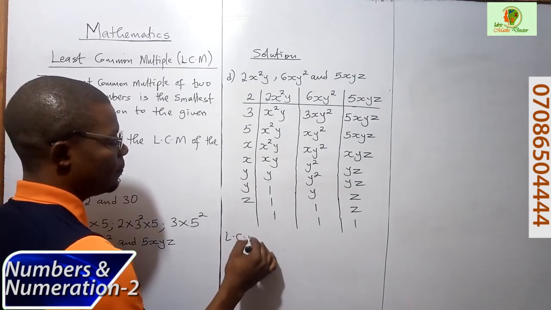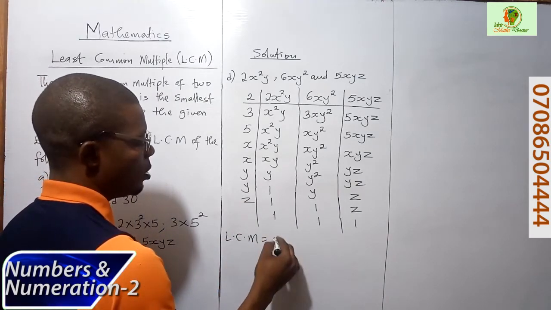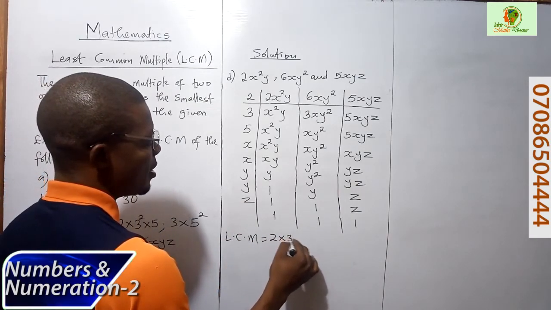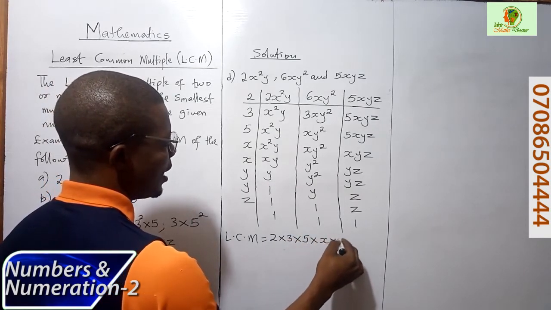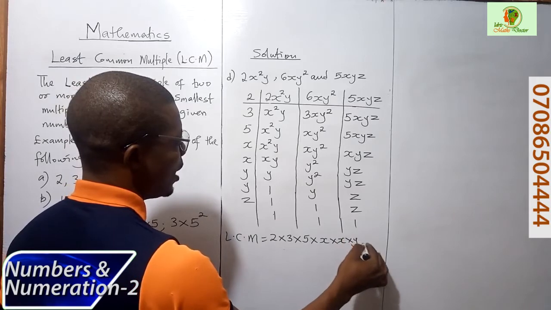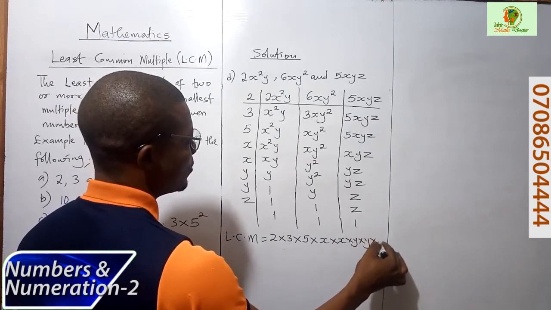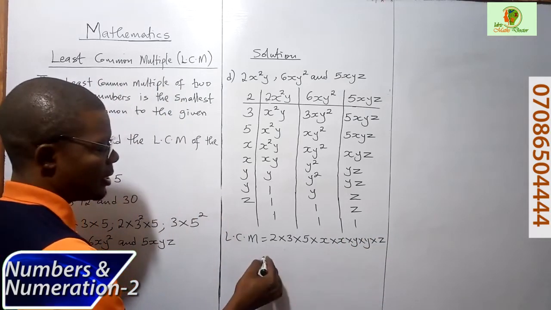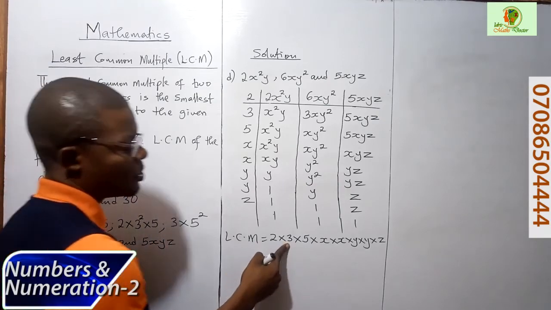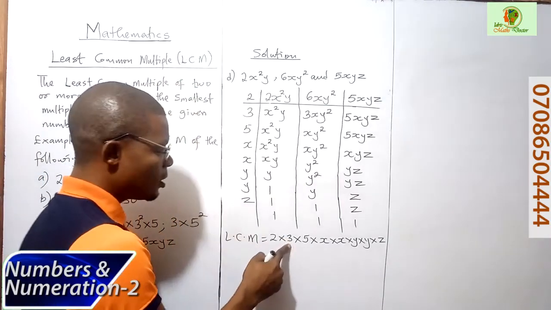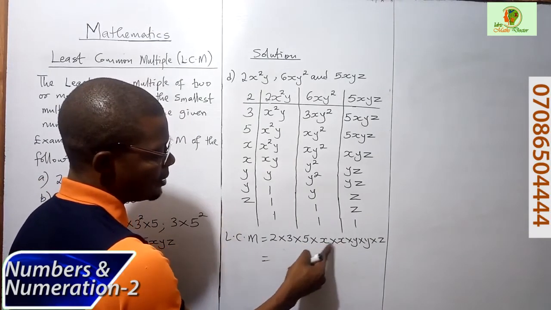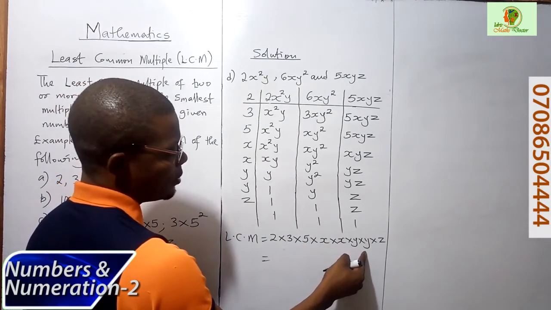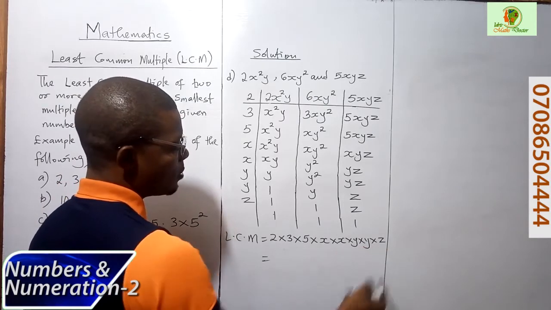So the LCM equals 2 times 3 times 5 times x times x times y times y times z. And the answer is 2 times 3 is 6, 6 times 5, 30, x times x, x squared, y times y, y squared, and multiplied by z.